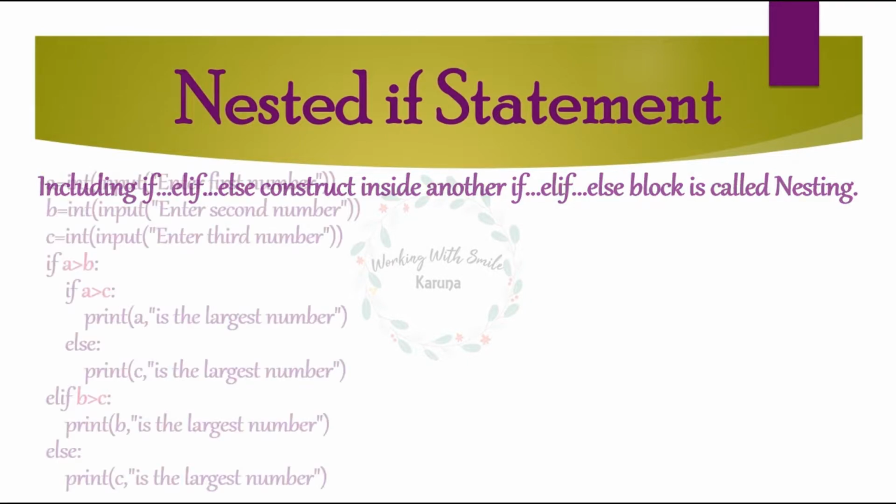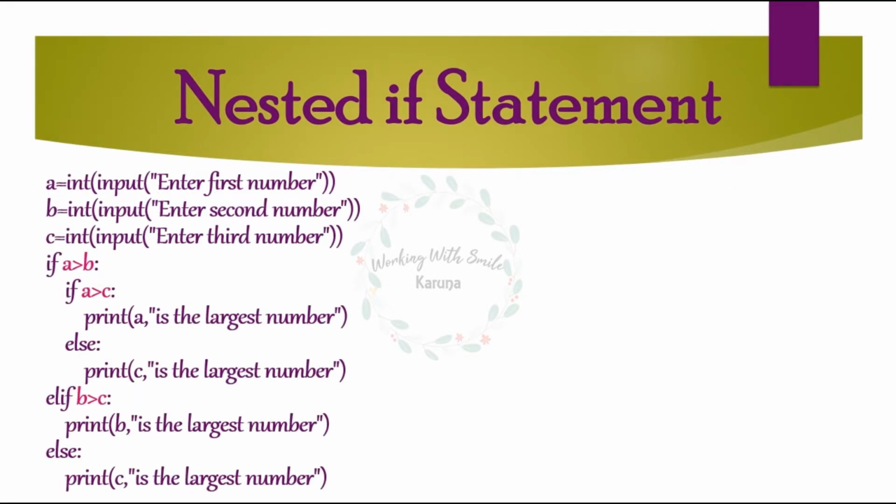This example clearly explains how nesting of the if statement is performed. A, B, C are three variables which get their values from the user during execution. The first condition which is compared is A greater than B. If this condition is true, then the control moves to the statements written inside the if block, and you can see the indentation also.